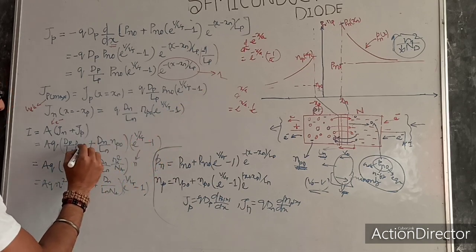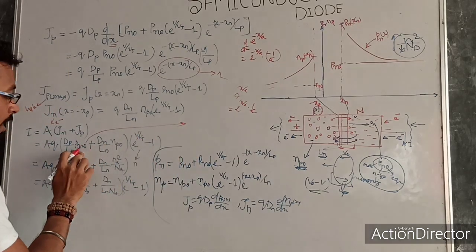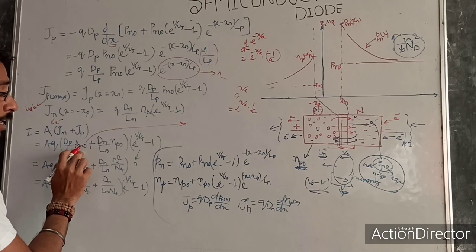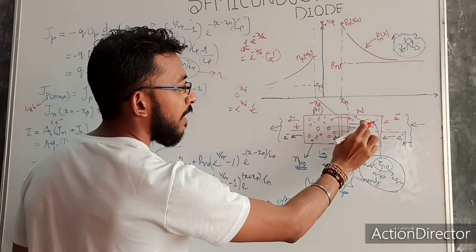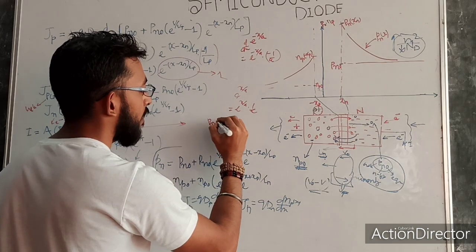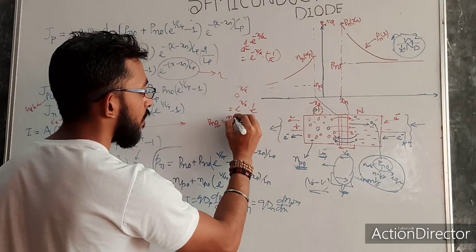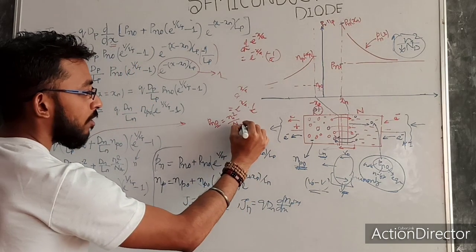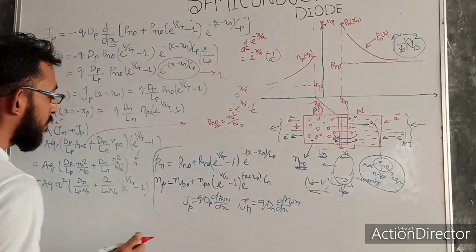Now remember I told before that Pn naught is nothing but the concentration of holes at the n side. These are the minority charge carriers. The concentration of holes at the n side at equilibrium is Ni square upon Nd, because of the number of donor atoms present over there.